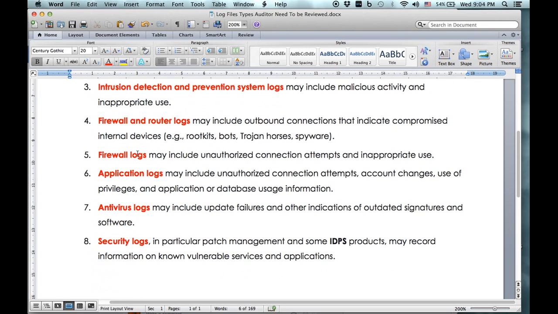The auditor treats the application log as very important. So the next is the antivirus log. The antivirus log is very important. The auditor will obtain this log to monitor and verify update definition failures, indications of outdated signatures and software, and critical or threshold alerts for antivirus in case of a virus caught in the network service.